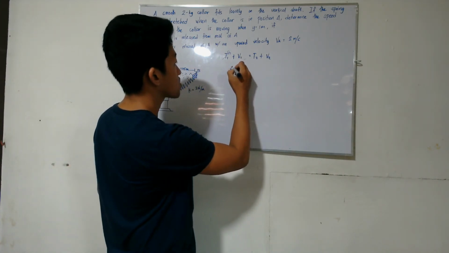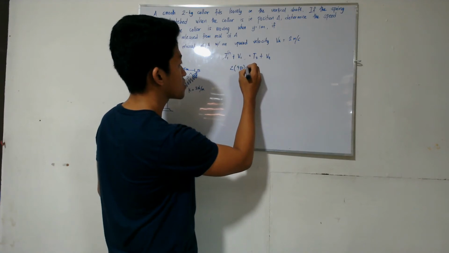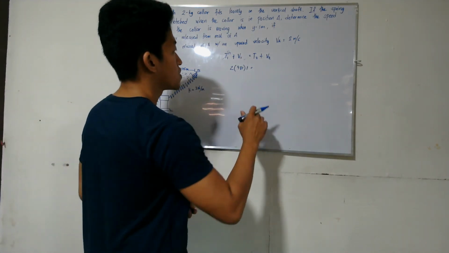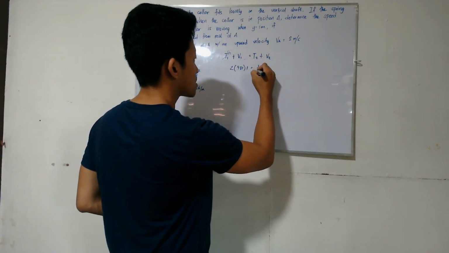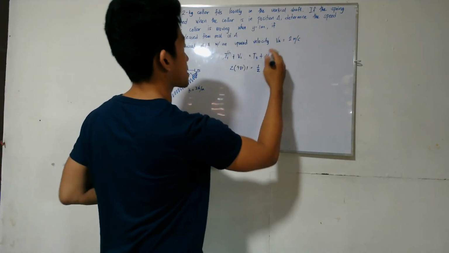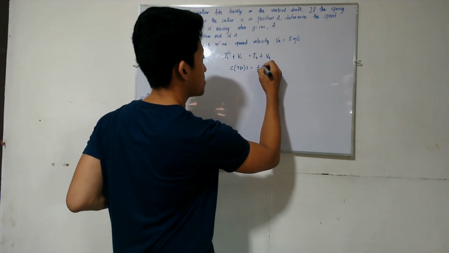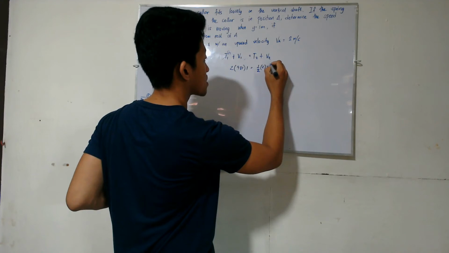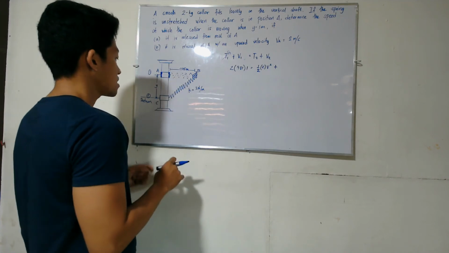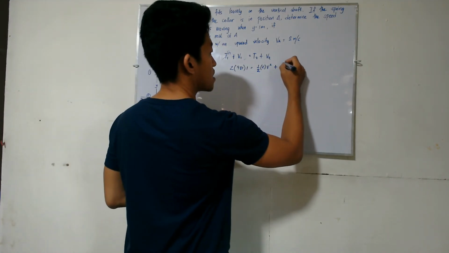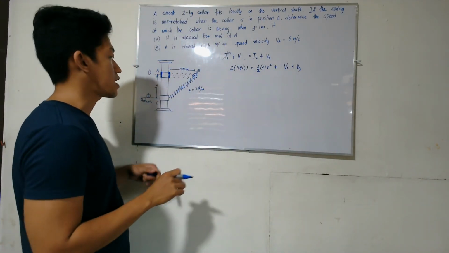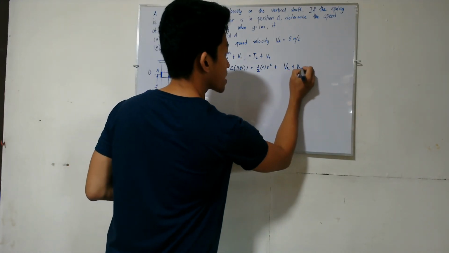We have 2 times 9.81 times 1 meter, which is just equal to T2, what we are looking for, the velocity or the speed rather. So 1/2 m v squared plus the elastic and gravitational potential at point 2, right?